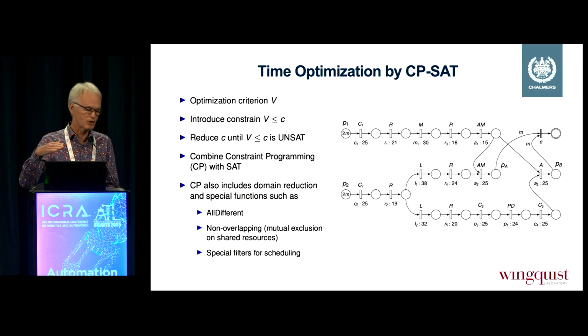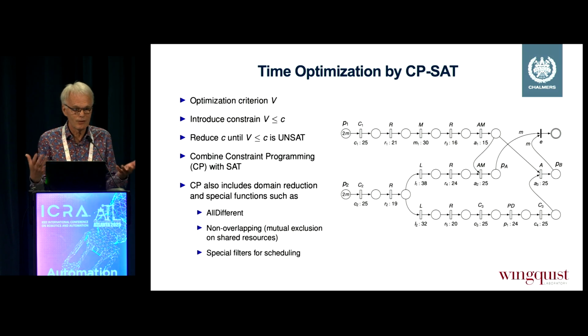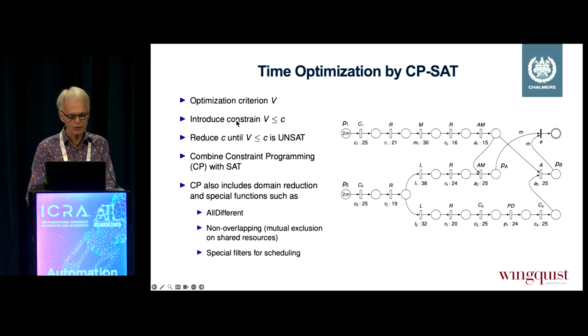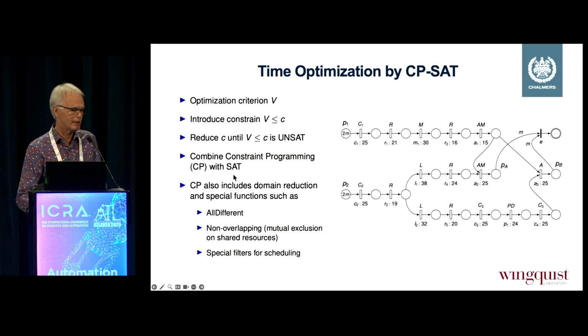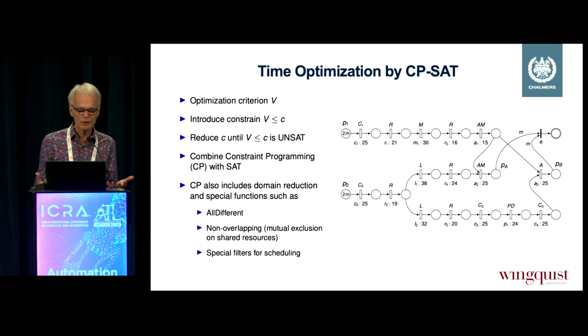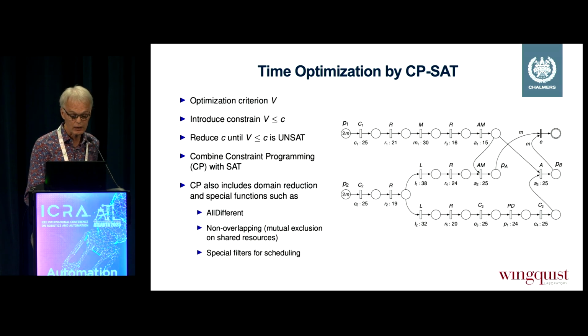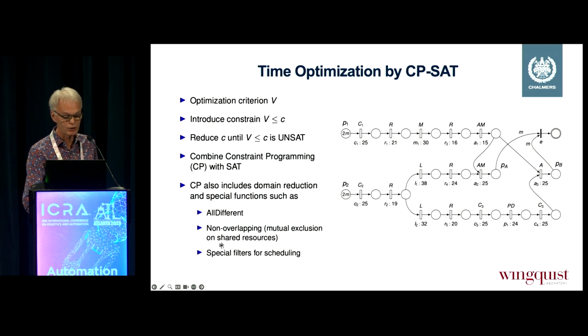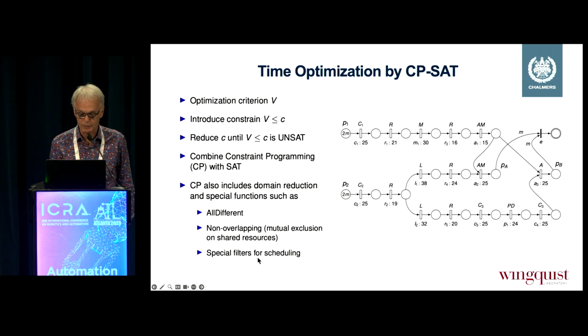And then you have reached, one step backward, the optimal value of this criterion. And here you understand that we are only talking about integers all the time. Together with constraint programming, which also includes domain reduction and some very specific functionality, for instance, for scheduling, looking at non-overlapping, which means mutual exclusion and shared resources, and some special other filters.